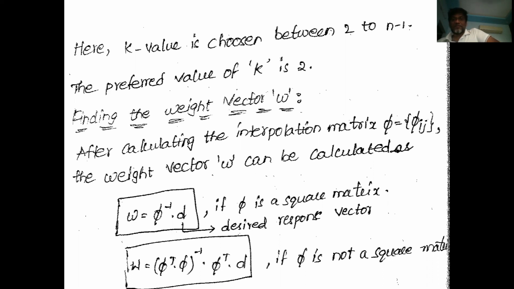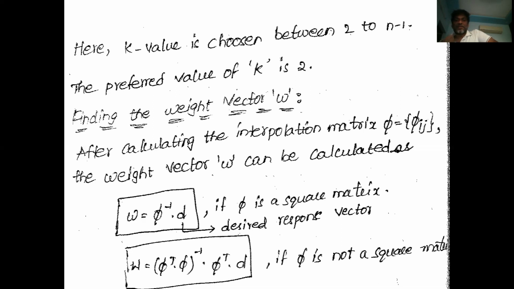And then we identified the function f of x that acts as the output value for the output neuron of RBF neural network. So f of x is equal to summation of j equals 1 to n wj into phi j of x. So that is the formula that we use to calculate the final value of f of x.